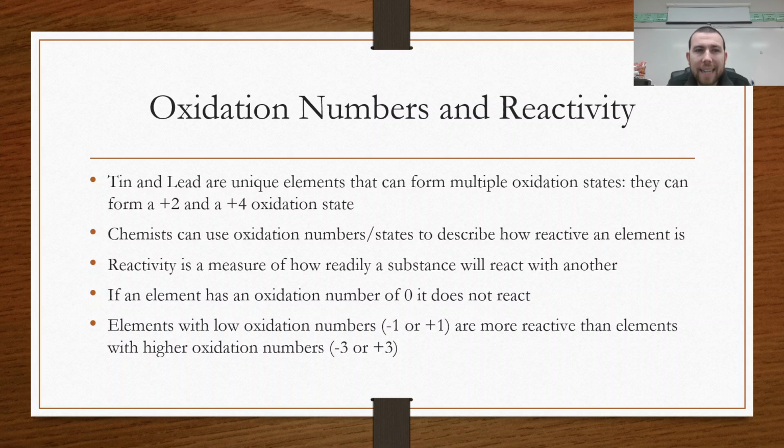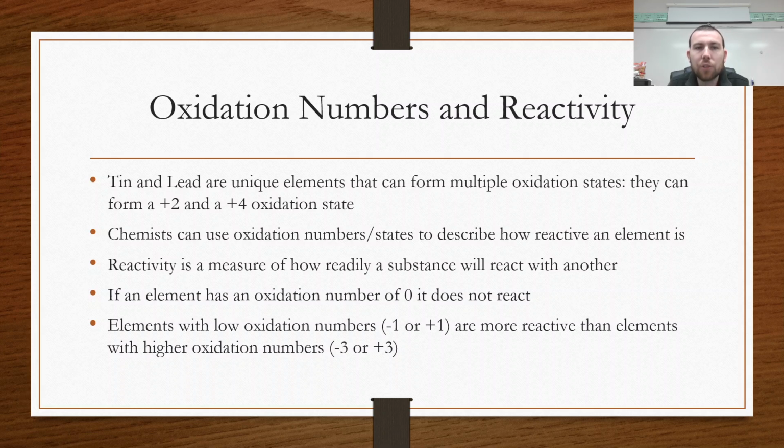Both tin and lead can form a +2 and a +4 oxidation state. So tin and lead can either lose 2 electrons or 4 electrons.